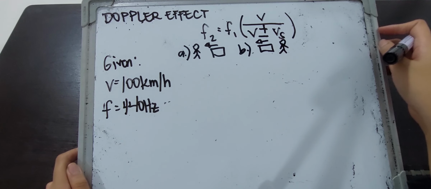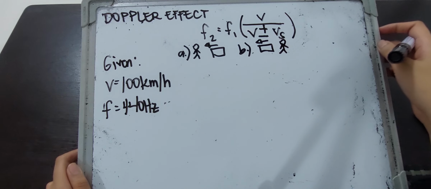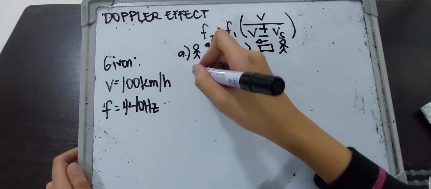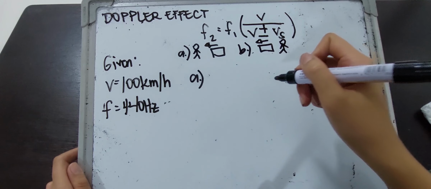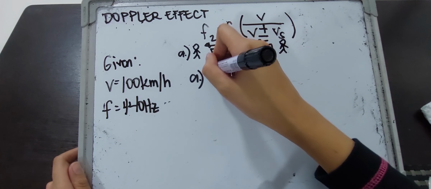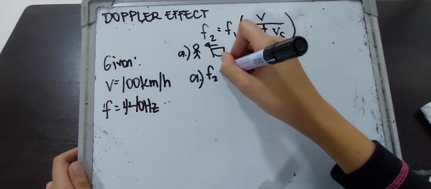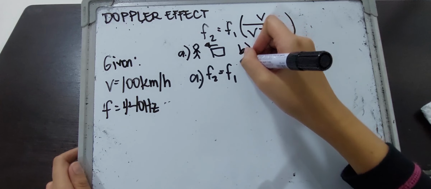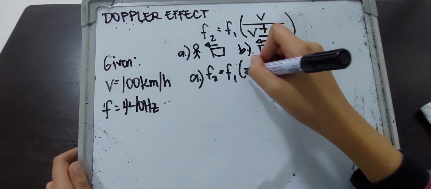And we will assume that the atmospheric pressure is normal and constant. So letter A. For us to solve letter A, we have the formula f sub 2 is equal to f sub 1 times v.